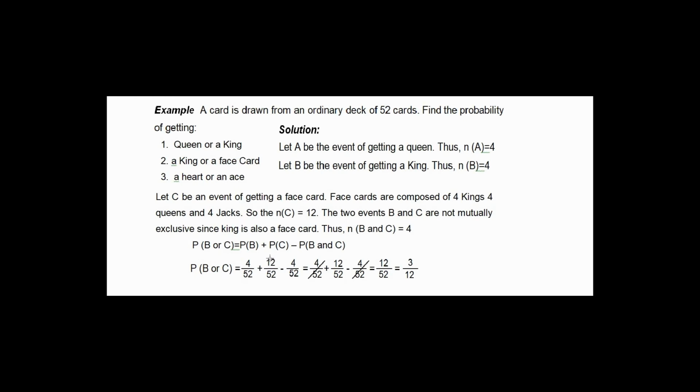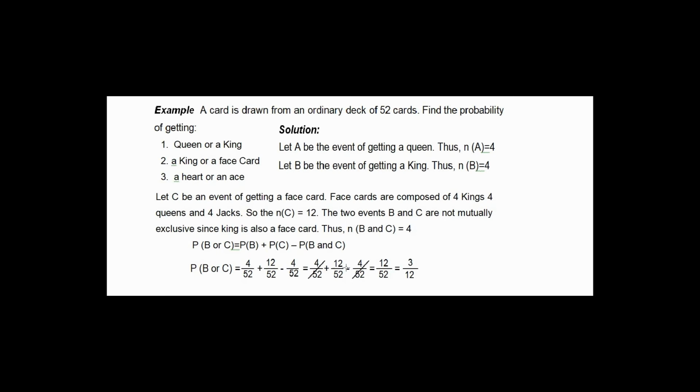C has 12 face cards divided by 52, minus the common between B and C, which is 4. So therefore, P(B or C) equals 4 over 52 plus 12 over 52 minus 4 over 52.